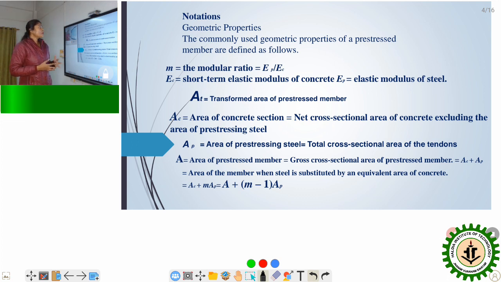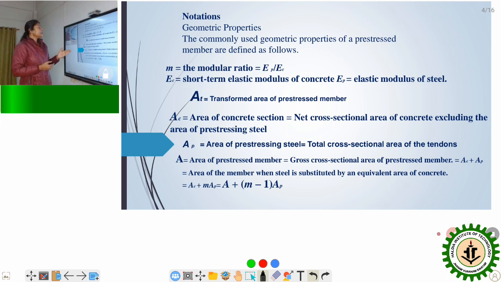Here we have the modular ratio, where the short-term elastic modulus of concrete is taken as capital EC, and the elastic modulus of steel is taken as capital EP. So the modular ratio is basically the elastic modulus of steel divided by the short-term elastic modulus of concrete.